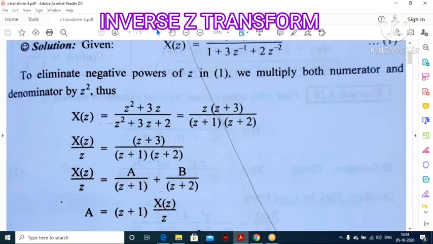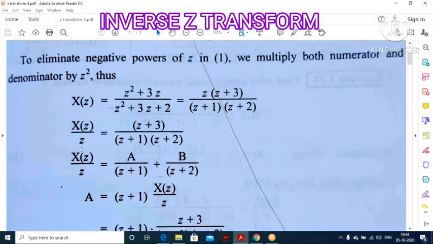First, I bring out z from the numerator, so z times (z + 3). In the denominator, factorize the term: 1 times 2, so (z + 1)(z + 2). Now this z comes to the left side, so X(z)/z = (z + 3) / ((z + 1)(z + 2)).